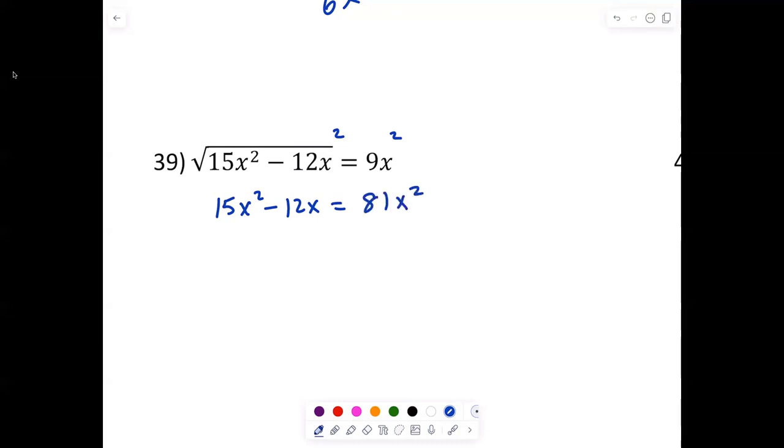Is everybody okay with that? Now remember, I always want to keep the variable positive, so I'm going to throw it over this side. Here I'm going to subtract 15x squared, then add 12x.